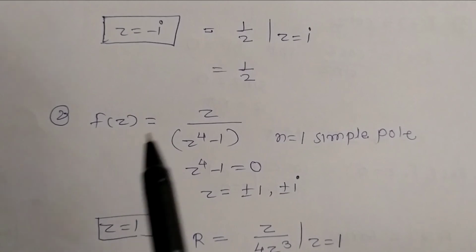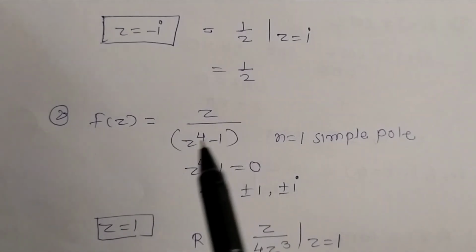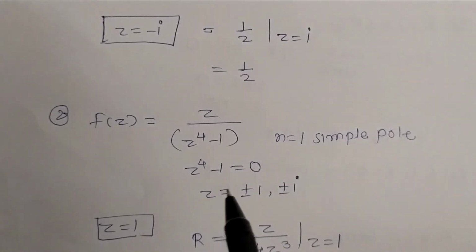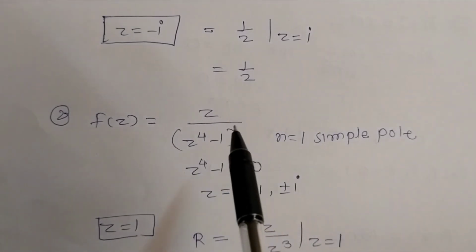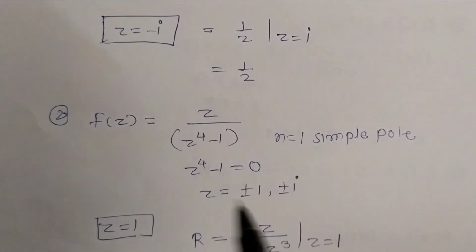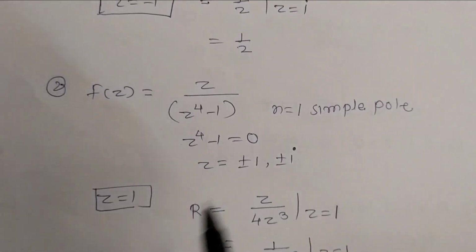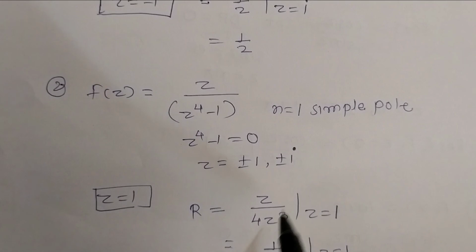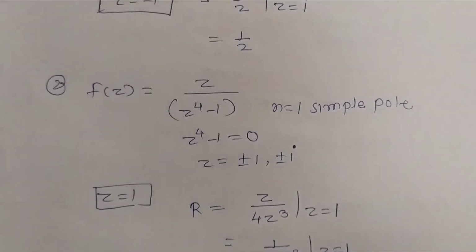Next example, f of z is equal to z upon z raised to 4 minus 1. Here z raised to 4 minus 1 is equal to 0, that means z is equal to plus or minus I and plus or minus 1. Here n is equal to 1, so it is a simple pole and we can apply this other method. We keep the numerator as it is, that is z, and differentiate the denominator, that is 4z cube, with z is equal to 1.